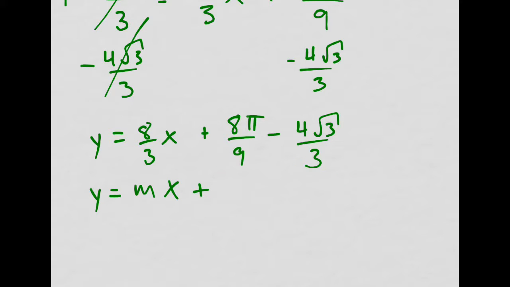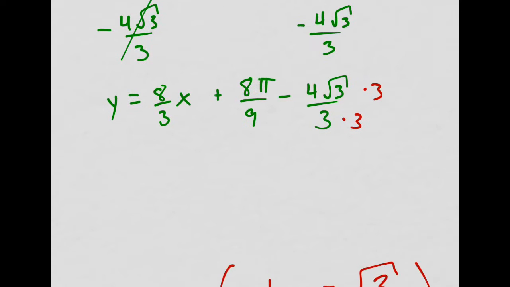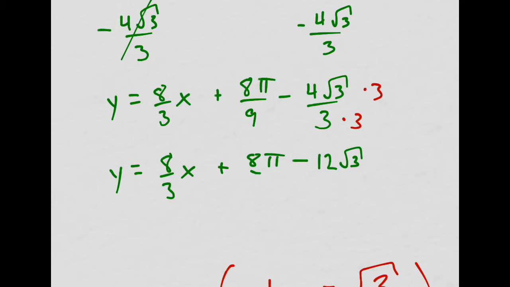So that just, in the answers, if you took a picture of those, they just got a common denominator. And the common denominator is 9. So that would be just times 3 times 3. And so I think we get y equals 8 over 3 x plus 8 pi minus 12 root 3, all of that over 9, and that's slope-intercept form.